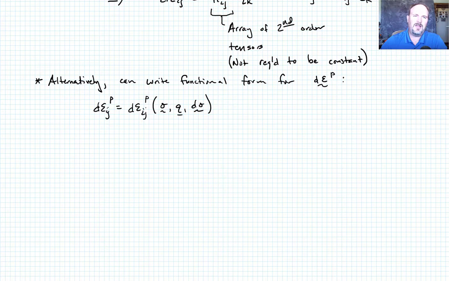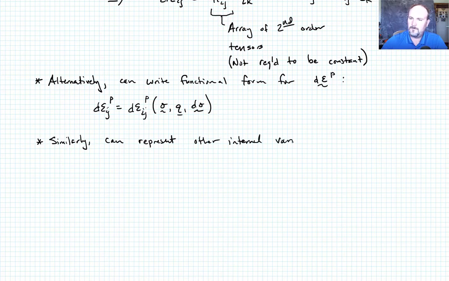And remember that epsilon ij p is probably the least internal state vector you could have. Again, you could have more, but if we had other internal variables represented by q, they could be represented similarly. So similarly, you can represent the other internal variables, q, in the same way.